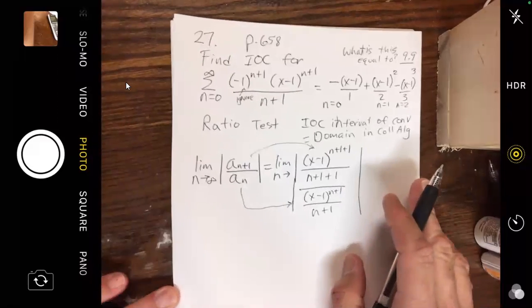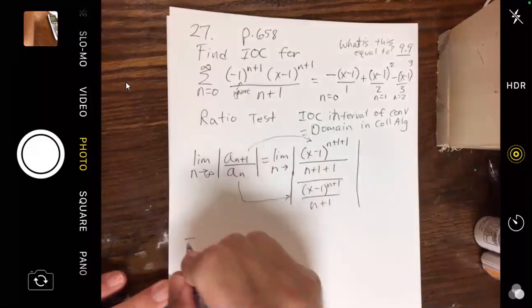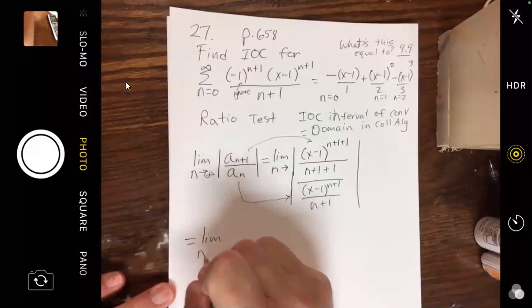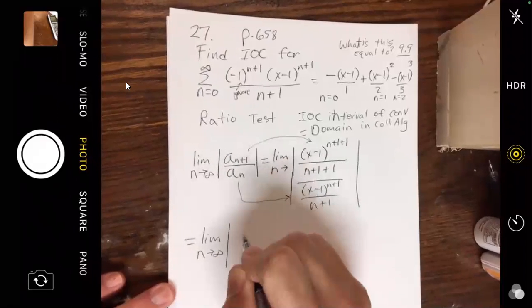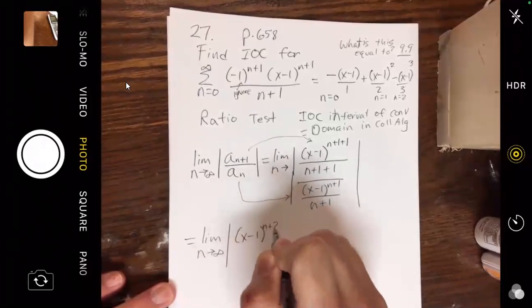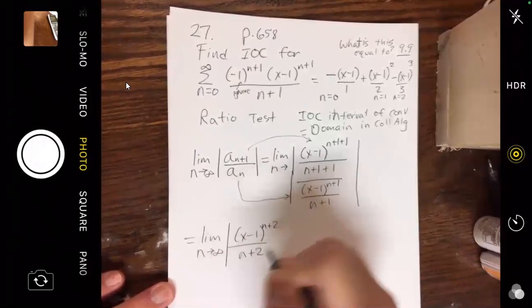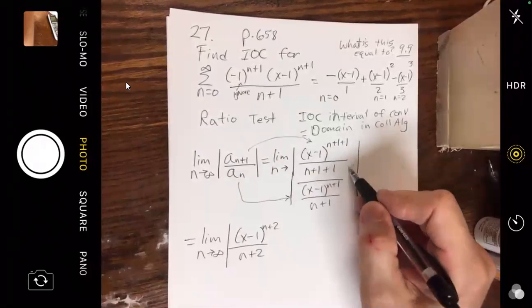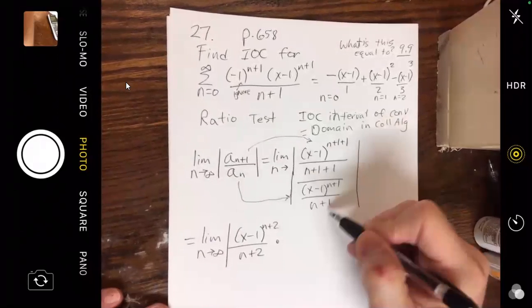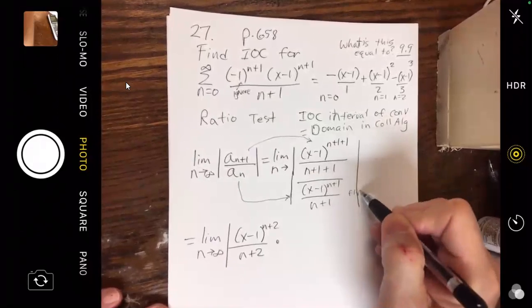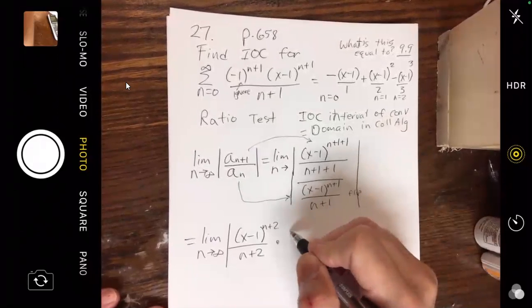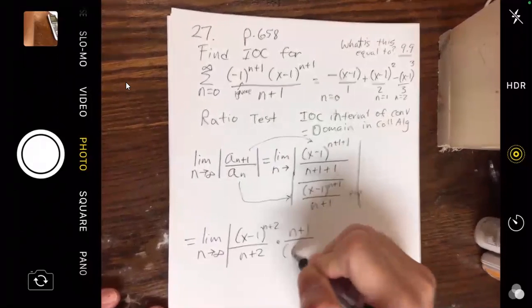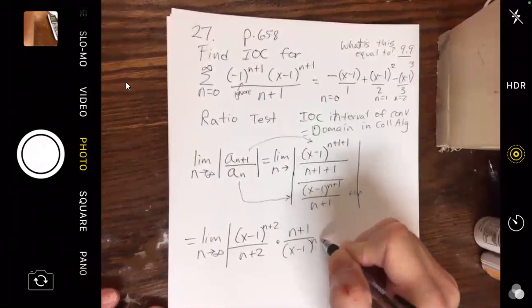Nope. Okay. So that's going to give you the limit as n goes to infinity of (x minus 1) to the n plus 2 over n plus 2. Then I'm going to multiply by this flipped, so that's going to multiply by n plus 1 over (x minus 1) to the n plus 1.